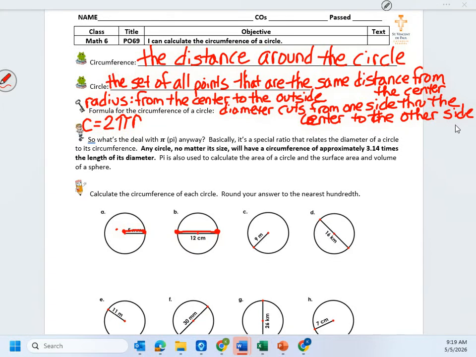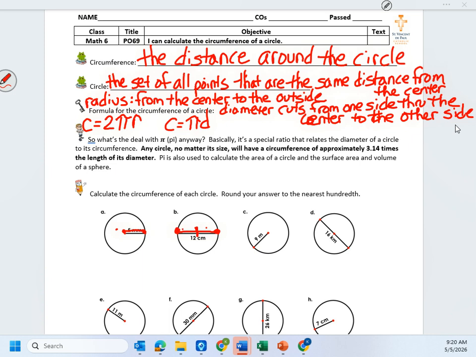If our circle gives us the diameter, our circumference is pi times the diameter. Because as you can see, the radius is half of a diameter. So if we're given that radius, we have to multiply by 2, because there are 2 radiuses to 1 diameter.